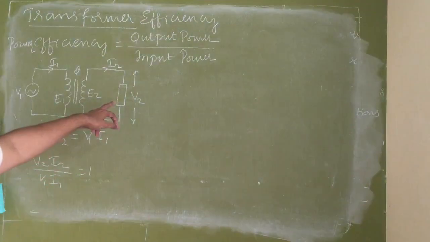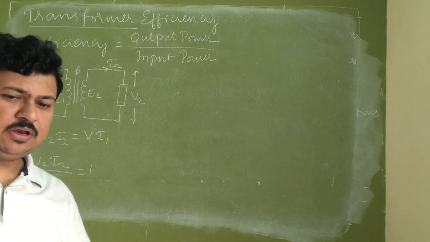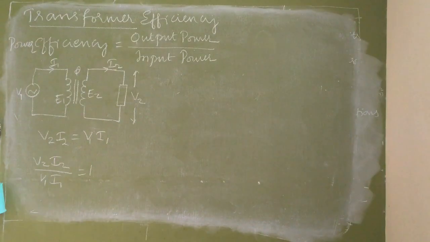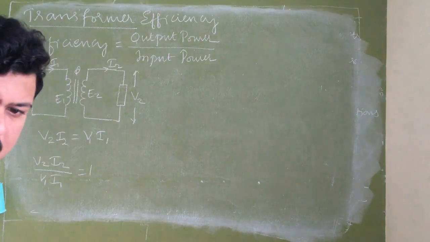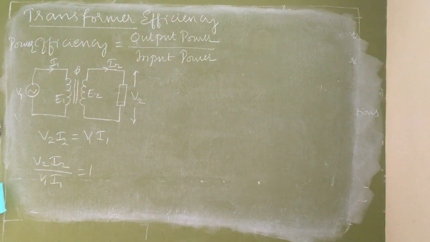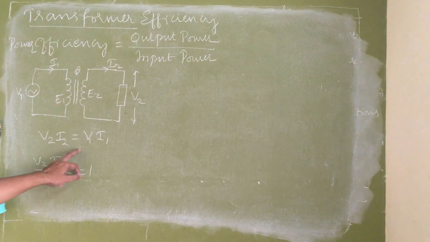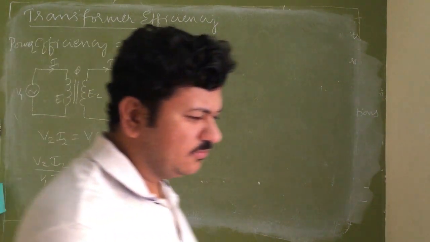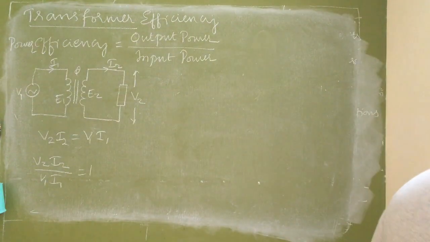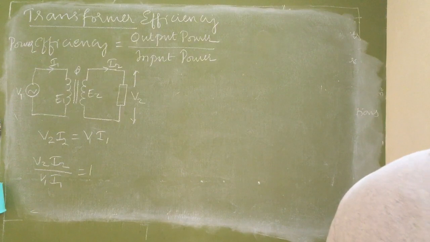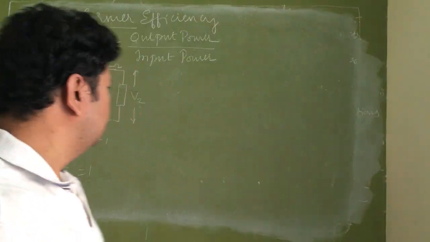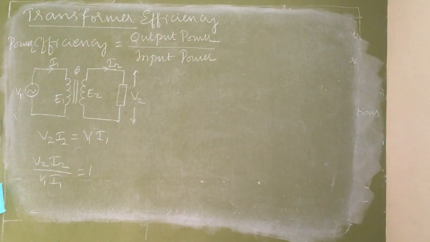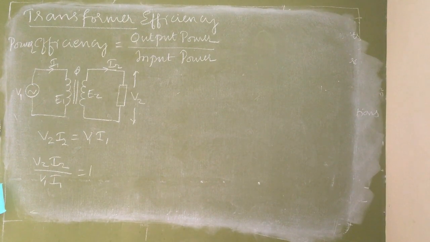But in the load, the power utilized, or power consumed, or work done, is only by real power. So I can't take this ratio of transformer output and input power to define the efficiency of the transformer.